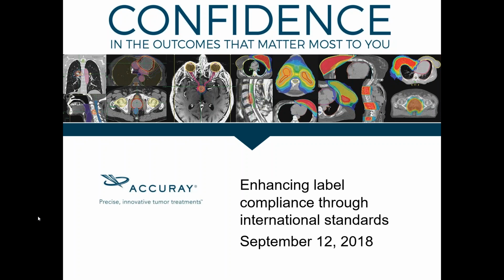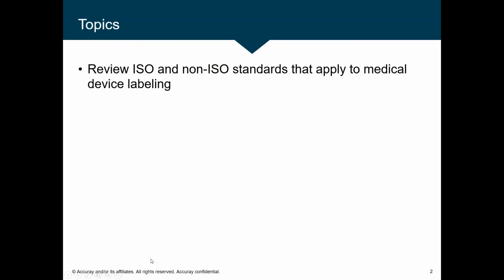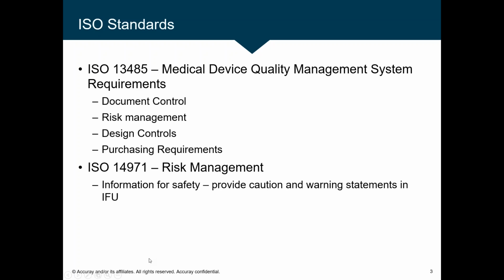So one of the things I wanted to talk through first is the main ISO standard which applies to medical device quality management systems, and that's 13485. Now, this ISO standard applies to any medical device company that requires the implementation of a quality management system. So this is a very large and diverse standard, and there are a few parts that apply to labeling.